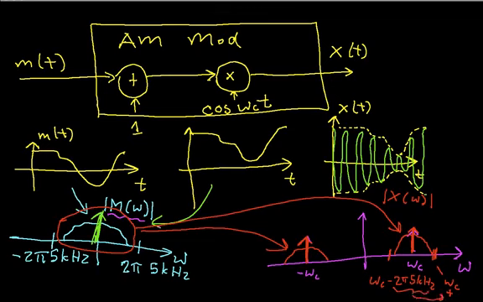Okay, so I've taken this signal, or the spectrum of m of omega, and I've moved it up to the carrier frequency omega c. So with that, we'll end this video, and in the next video we'll talk about how to do what the demodulator does and how it works its magic to reconstruct the signal.